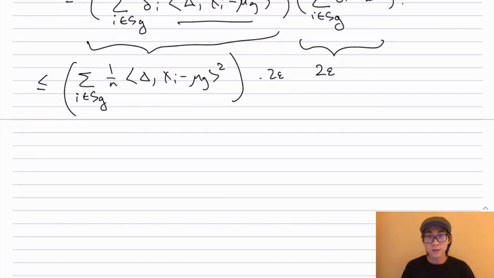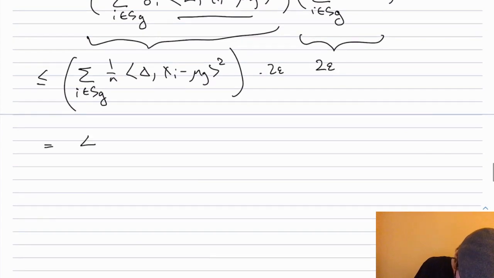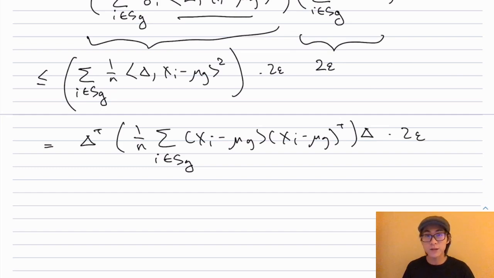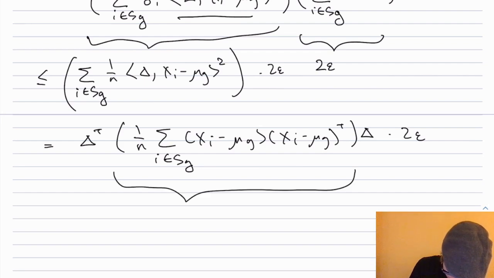The reason I'm going to do this is because now this has a very nice form, because this is equal to delta transpose times the empirical covariance of the points in S good, the outer product of xi minus mu good with itself, times 2 epsilon. And our original assumption, this star assumption, if you scroll all the way back to the very beginning, was that this has spectral norm at most C times identity.